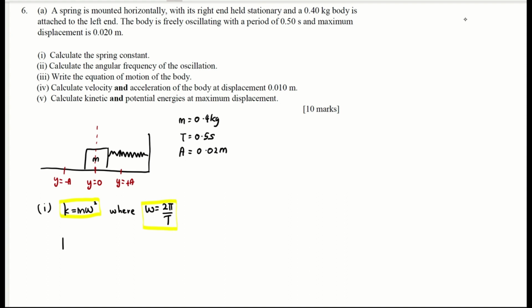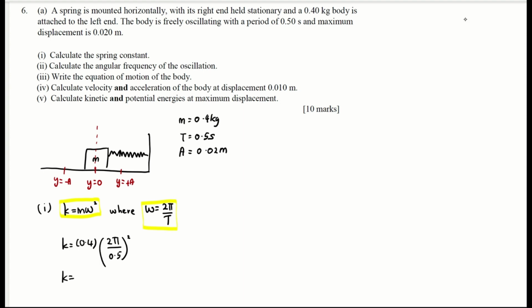Okay, so K is equal to, the mass is 0.4, so let's write here 0.4, and omega is 2 pi over T, where T is equal to 0.5 seconds. So squared, so finally K tu you akan dapat lah. So nilai K is equal to 63 Newton per meter.